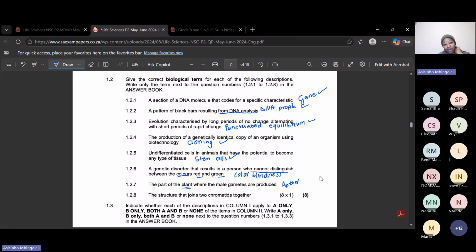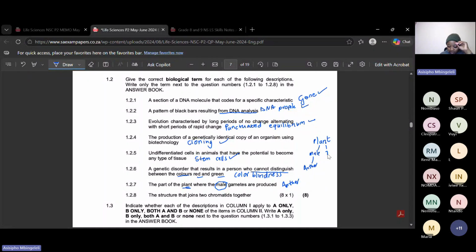So remember, we speak about meiosis taking place in animals and meiosis taking place in plants. So in human beings, meiosis will take place in the testes of males and in the ovaries of females. Then in plants, meiosis in a male will take place in a part of a plant called an anther.